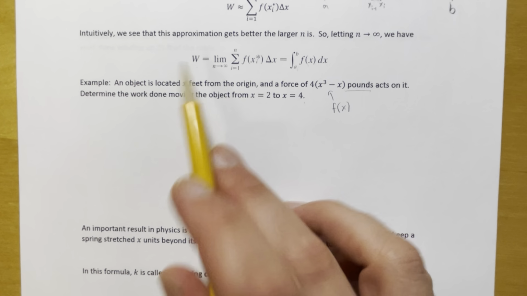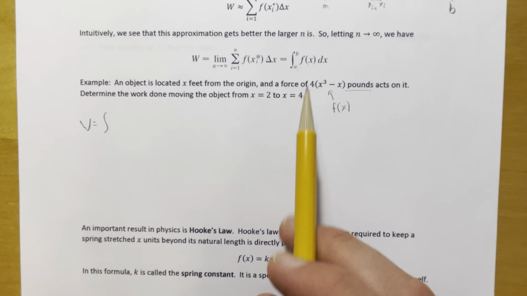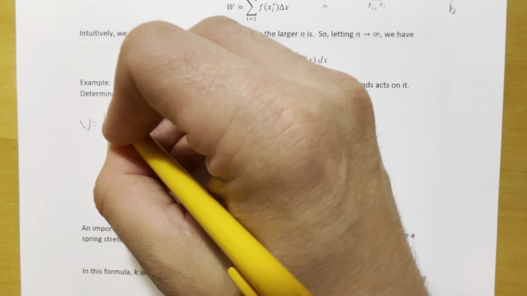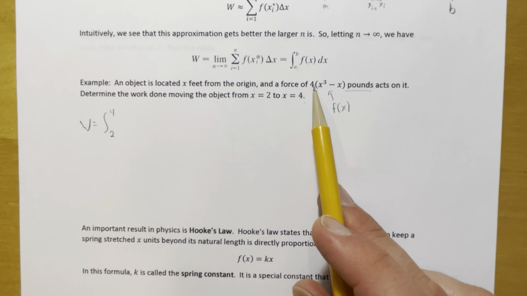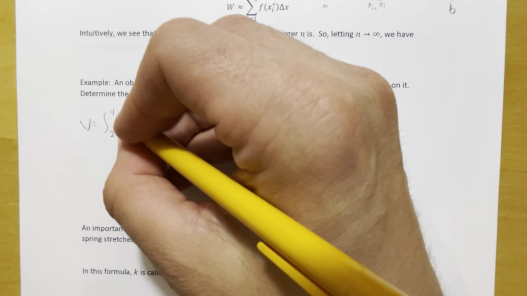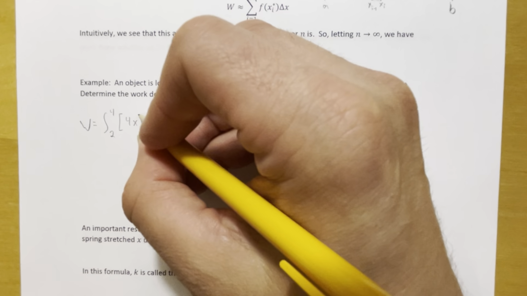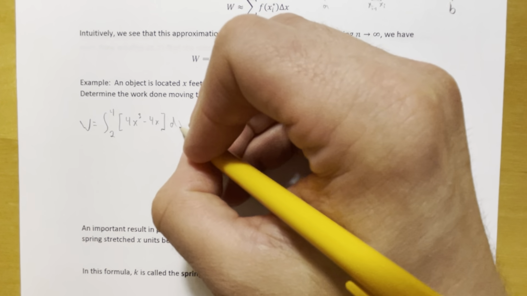So to compute that work, I want to set up a definite integral where my limits of integration are 2 and 4. The function that I'm integrating is this one. I'm going to distribute that 4 in because I'm going to find that in this case it makes my integration a little bit easier. 4x cubed minus 4x dx.